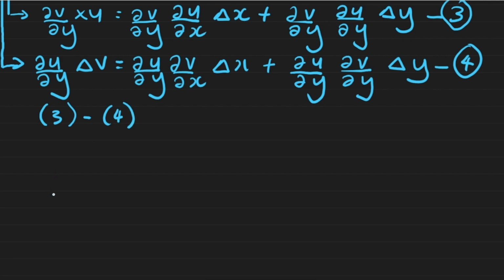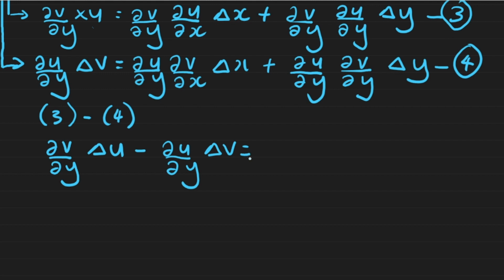When we do this, we get ∂v/∂y times delta u minus ∂u/∂y times delta v.